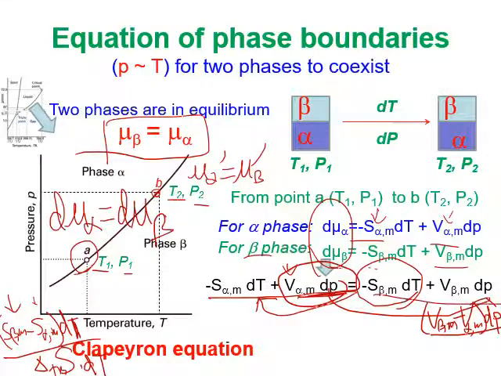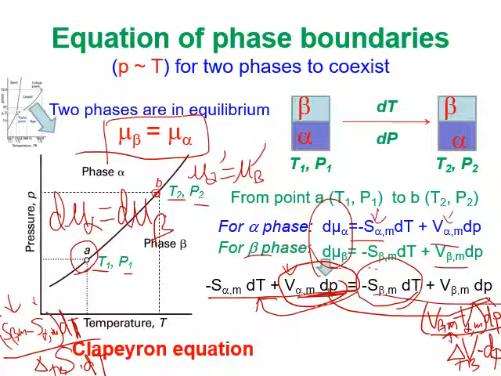And the volume of the beta minus alpha will be the phase transition volume change, because that's the volume of the final phase beta minus the initial phase alpha. So that's the change of volume due to the phase transition, times dP.